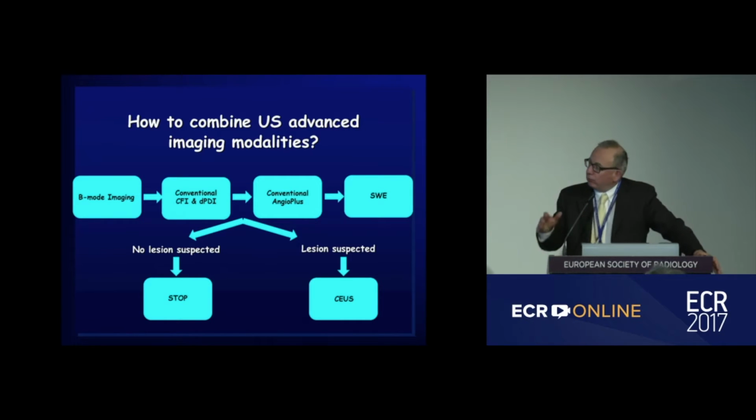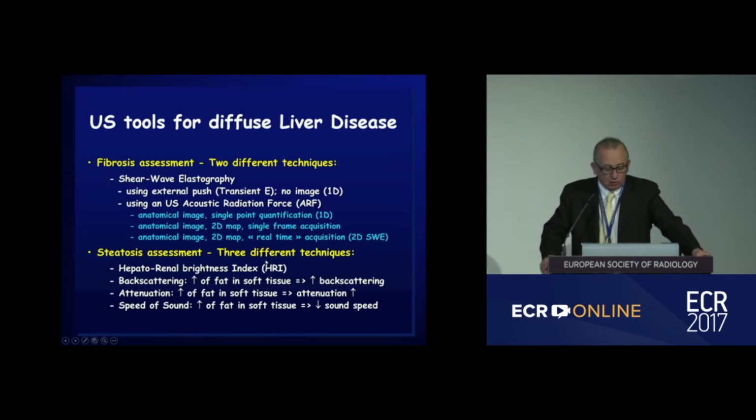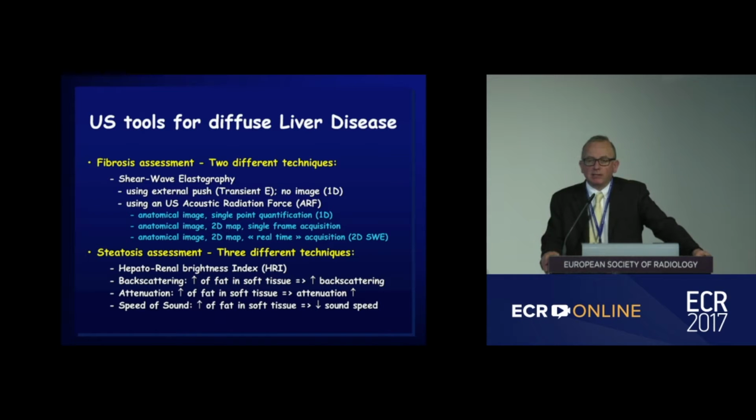Then it really depends: if we have no lesion suspected in a very broad way, we just stop. If we have any suspicion of a lesion, then we move to contrast enhanced ultrasound, depending on the indications. Of course, we know that fibrosis assessment can be done right now with 2D shear wave elastography, and this is a real-time imaging technique.